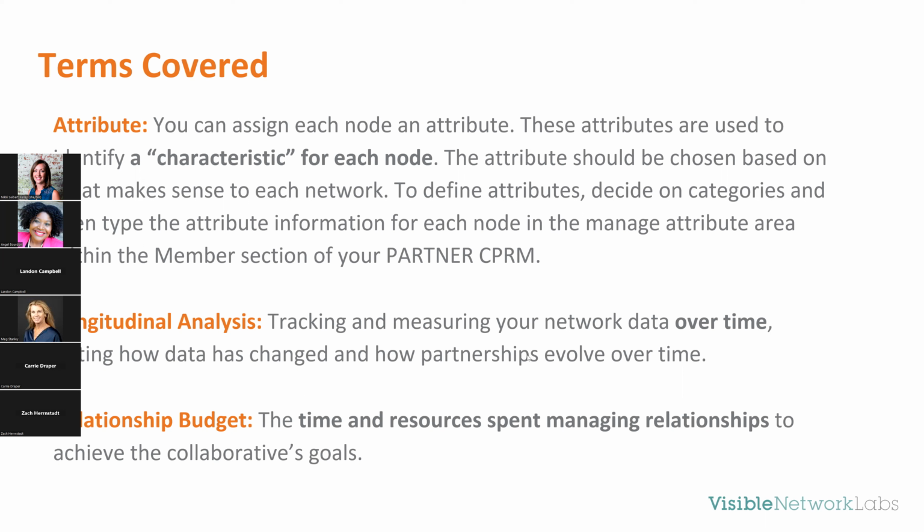Yeah, and I just noticed, I don't think I touched too much on the relationship budget piece. This kind of goes into when you look at the raw data, especially around the level of intensity that an organization is connecting with other partners around.